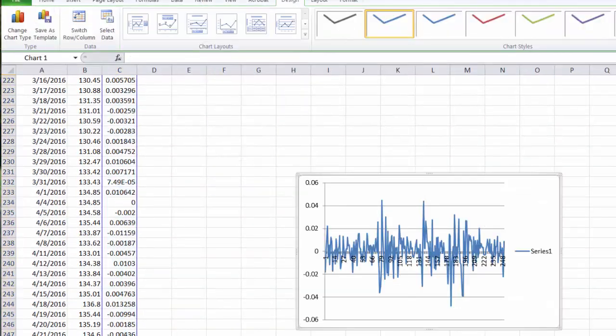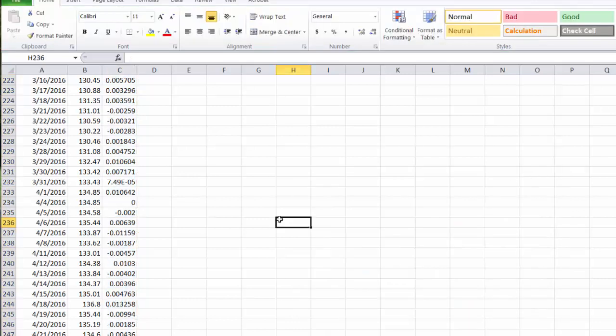Just see a line. So it looks like they're kind of hovering around. There's like an average. Sometimes they're high and sometimes they're low. We're going to assume that they're distributed from a normal distribution with some kind of average.